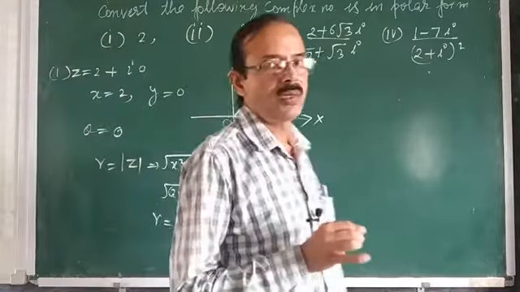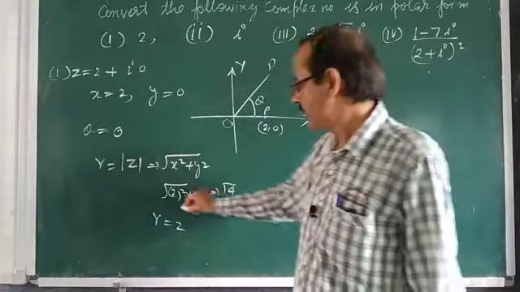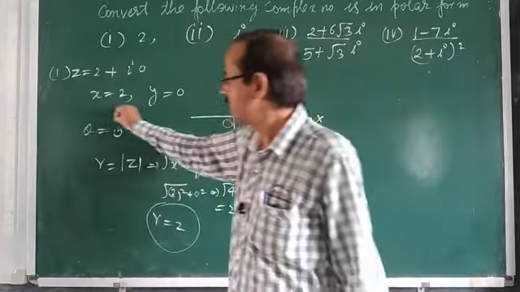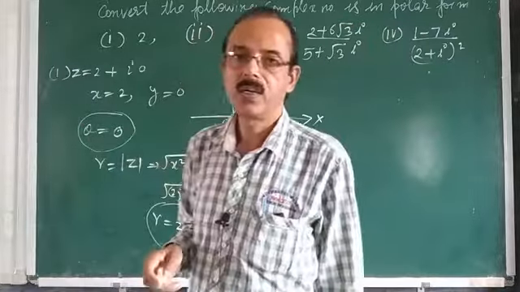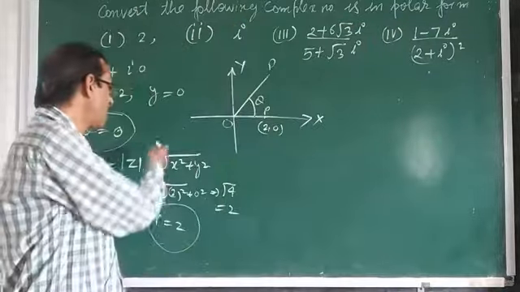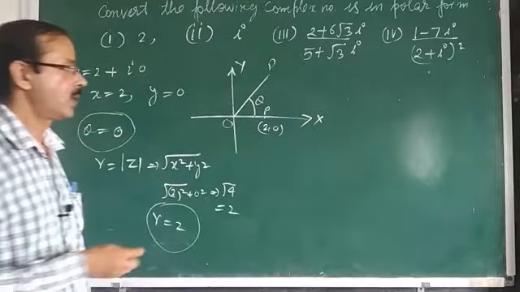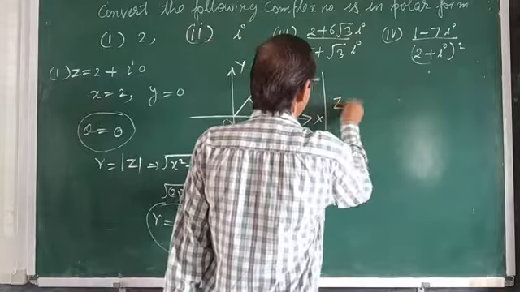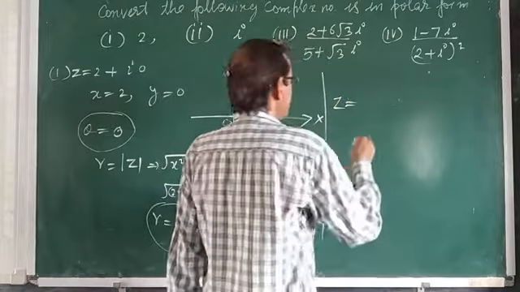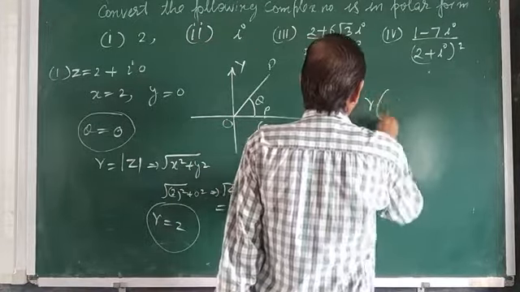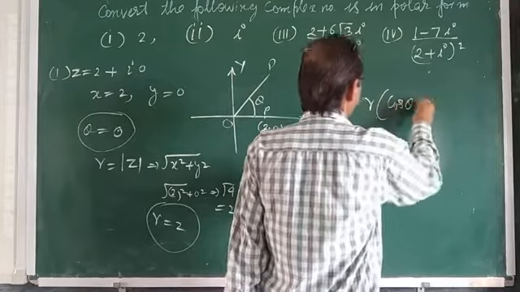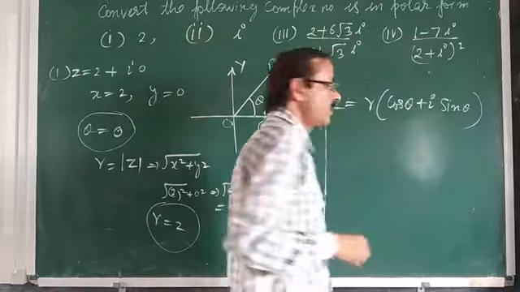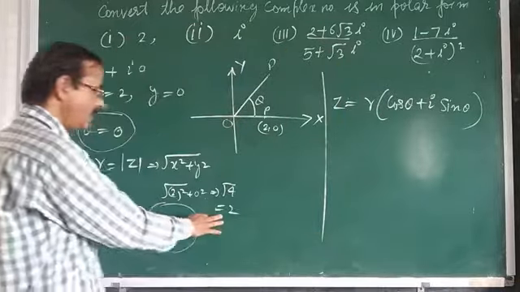To convert into polar form, we need this r, and what else is needed? The argument of the complex number. Both came. So how do we convert? As we know, z is equal to r cos theta plus iota sin theta. Put the r value here, 2.